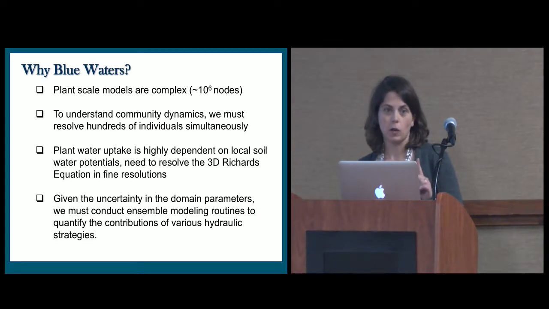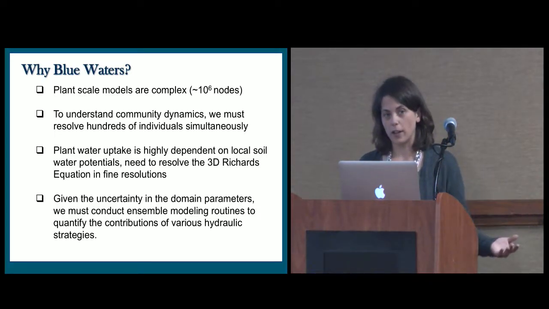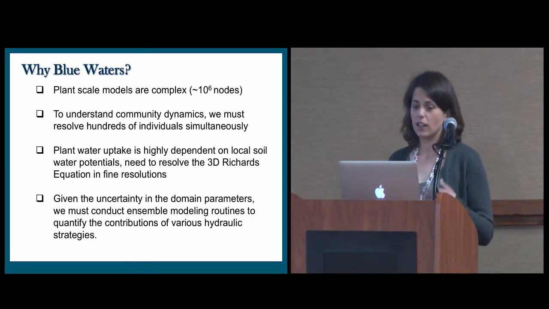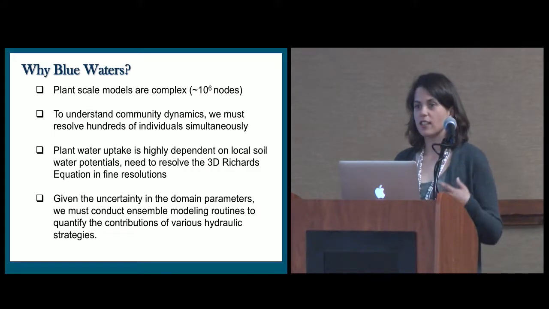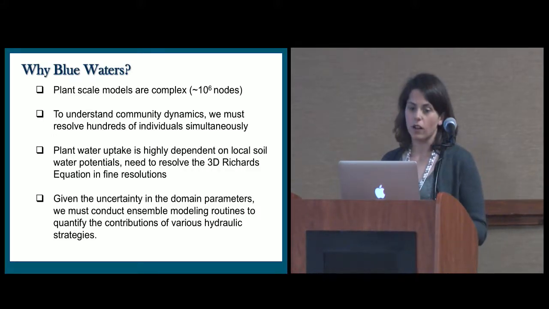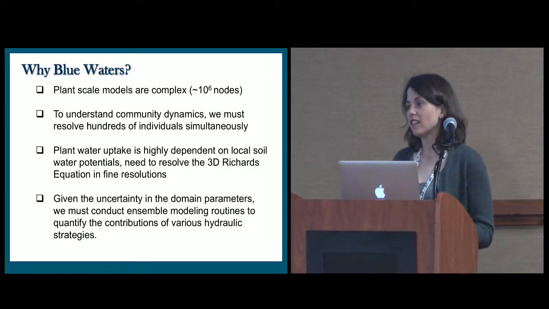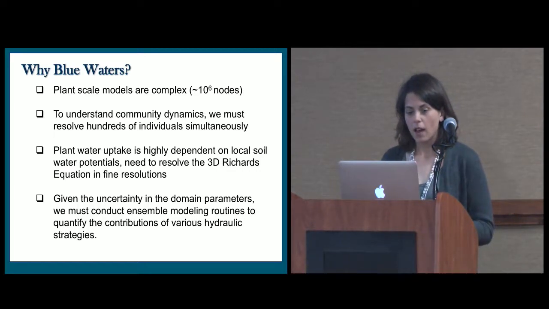So that's one corn plant. And we want to model forests. In order to understand these community dynamics, with hundreds and thousands of individuals taking up water simultaneously, we need a lot of computational power.